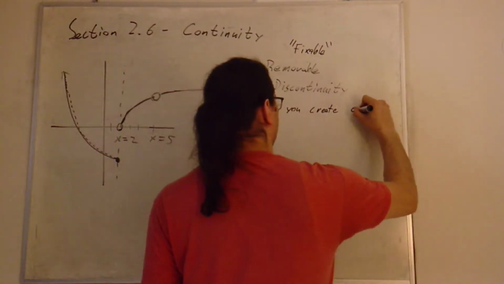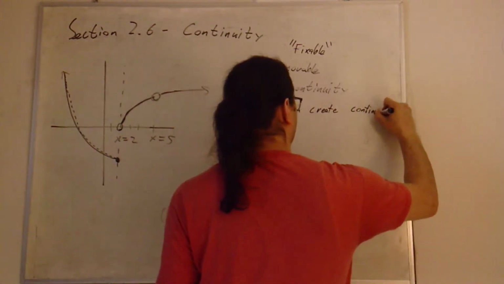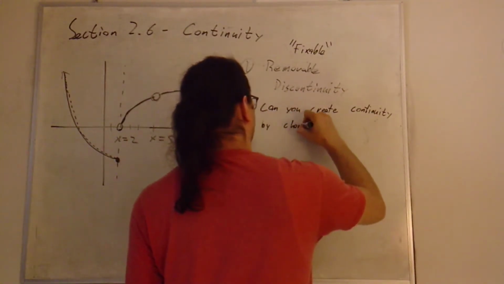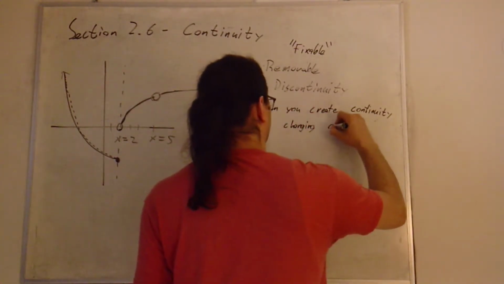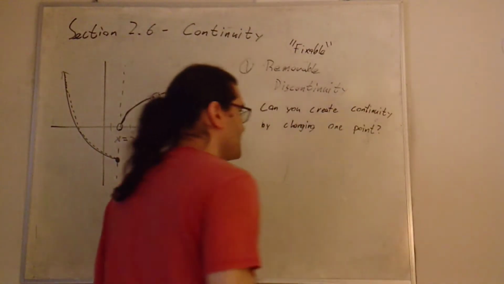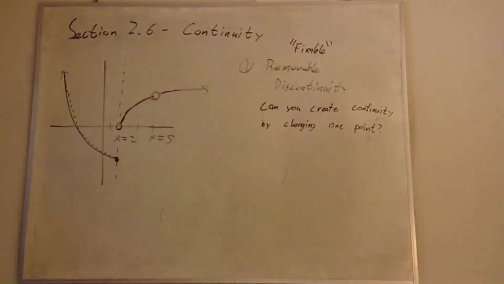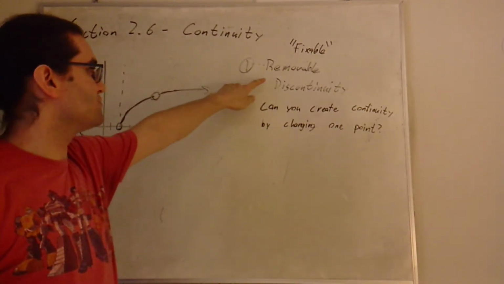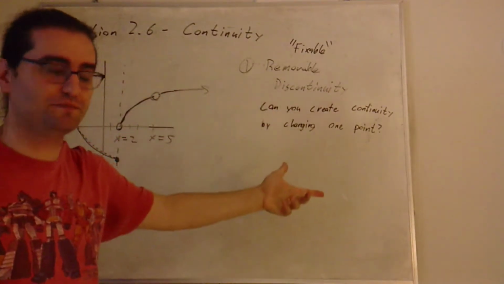Can you create continuity by changing one point? If you can create continuity by changing one point, then the discontinuity is removable, fixable.